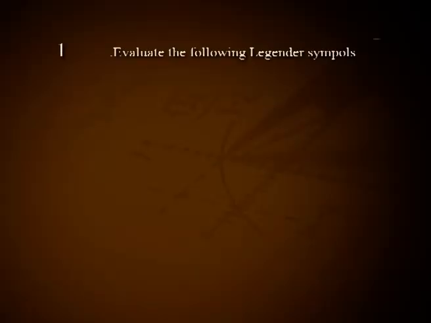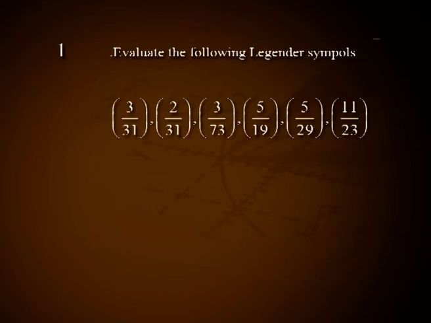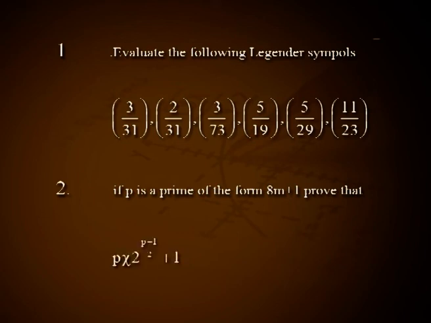Before moving to the next session, let us try to answer the questions. Evaluate the following Legendre symbols: (3/31), (2/31), (3/73), (5/19), (5/29) and (11/23). If p is a prime of the form 8m+7, prove that p does not divide 2 raised to (p-1)/2 plus 1.